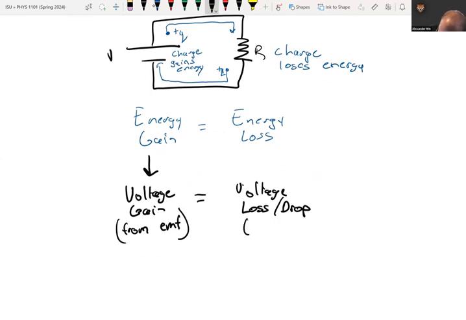This is generally from dissipation in the case of a resistor, but it could be from storage in the case of a capacitor. Now, again, we're not going to get into capacitors, but you can have a drop in voltage because you've decided to store charge. And the very act of storing charge causes a voltage drop across that capacitor. So EMFs, those voltage sources, are voltage gains, and have to be equal to voltage losses.